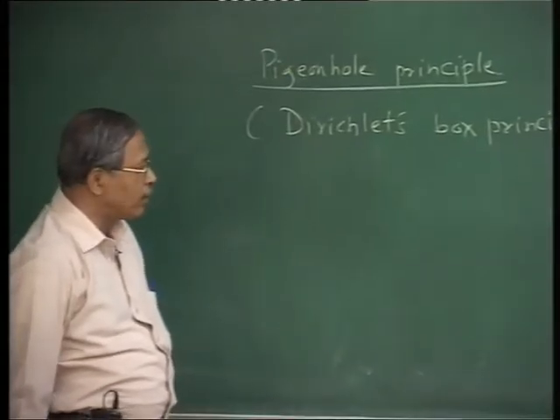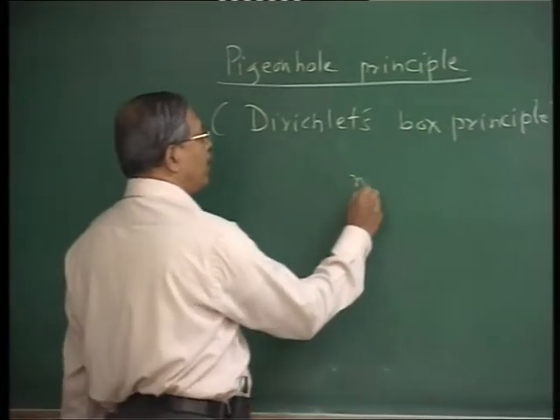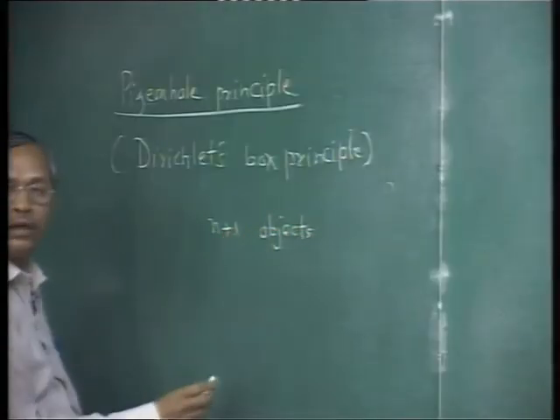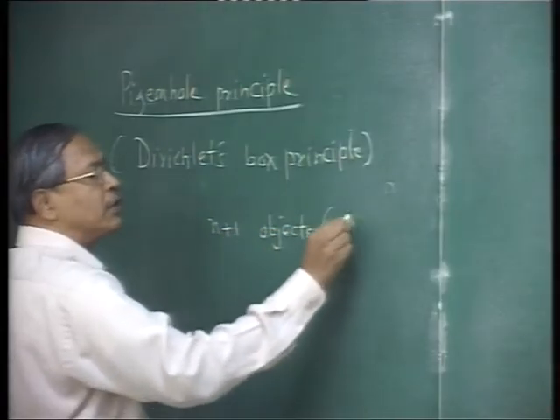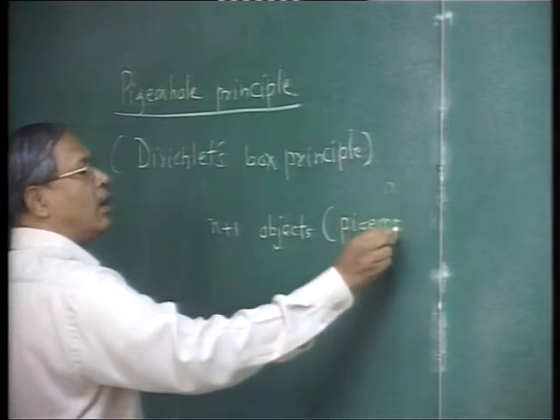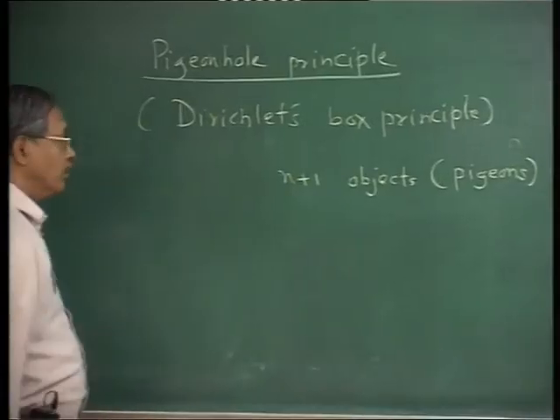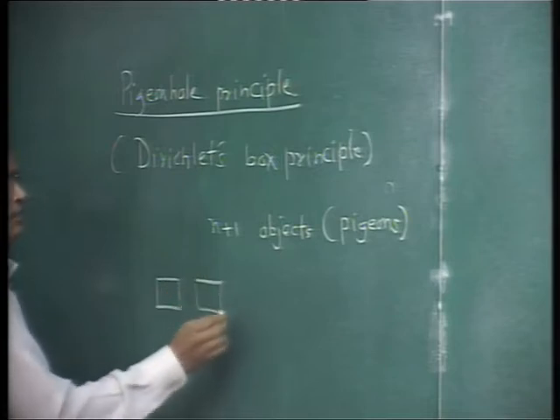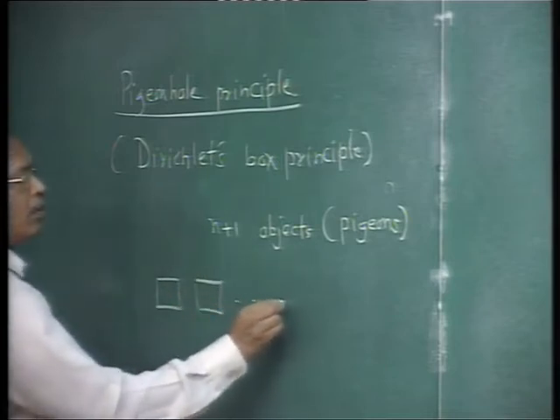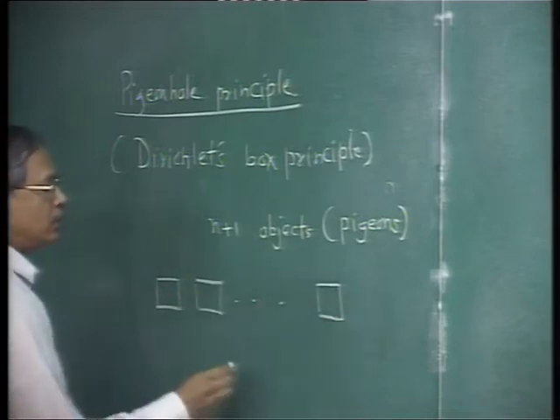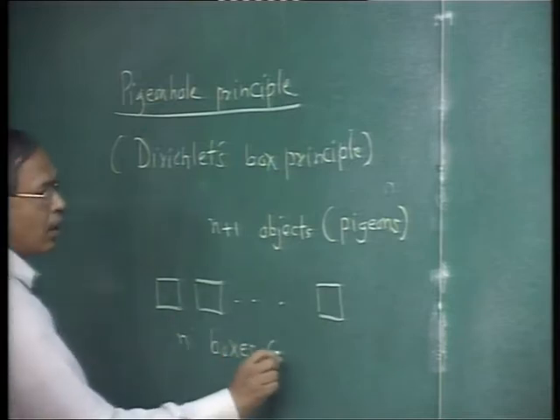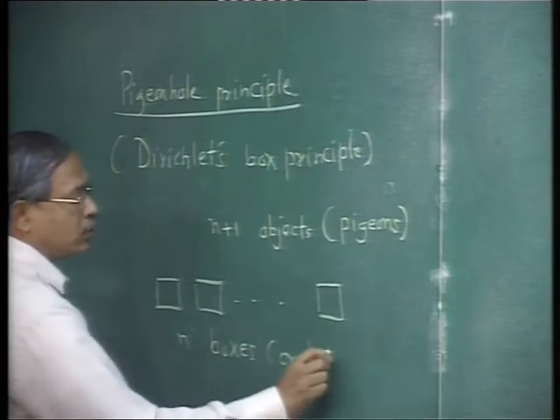And this says the following: suppose we have n plus 1 objects, you may call them pigeons, and there are n boxes, or holes.